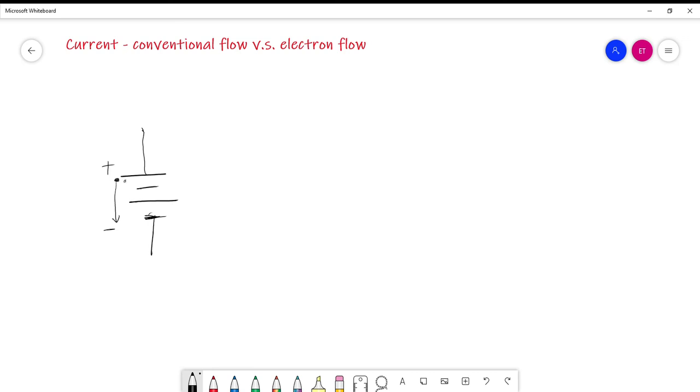So the electrons are getting pulled from this side down to this side, and you're going to have an excess of electrons here. In the case of a battery, it would be done with a chemical reaction, and you'll have fewer electrons up here. By the way, at the positive terminal, when those electrons leave, they leave behind what's known as a hole.